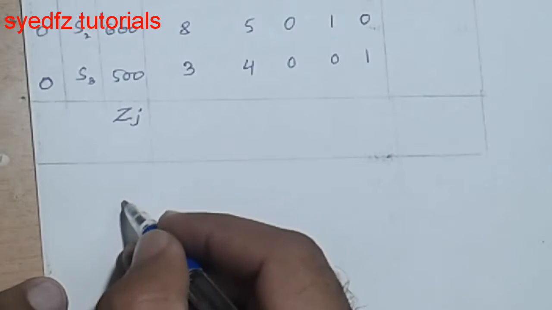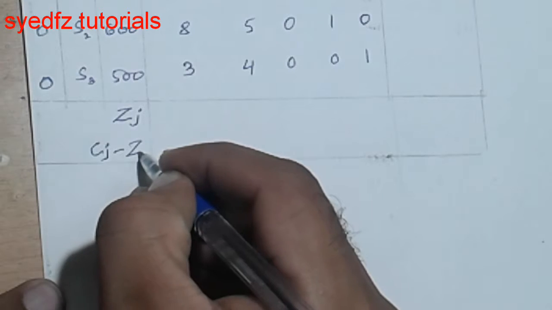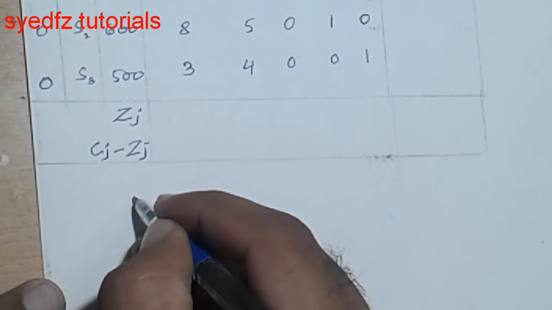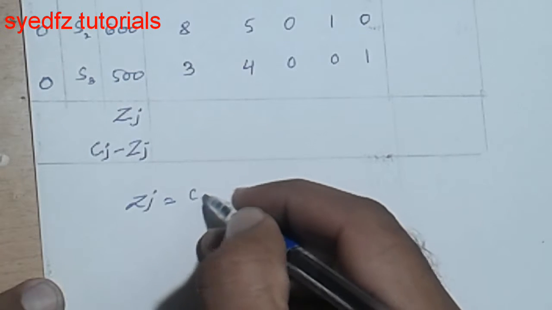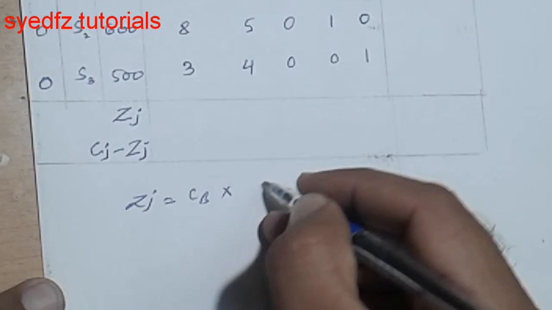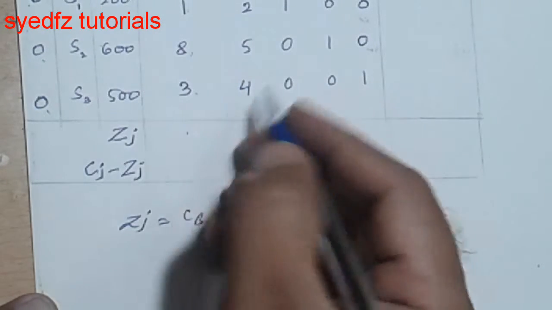okay, how we get Zj, and here is Cj minus Zj, this is the table. Zj we get by Cb into x1. First, 0 into 1 is 0, 0 into 8 is 0, 0 into 3 is 0, 0 into 2 is 0, 0 into 5 is 0, 0 into 4 is 0.